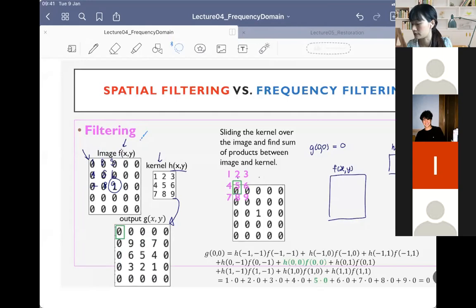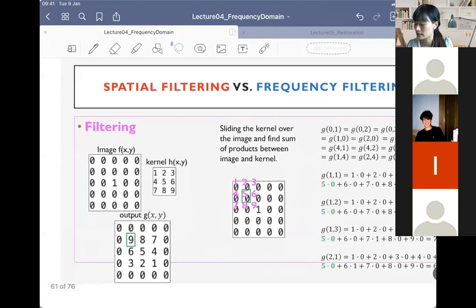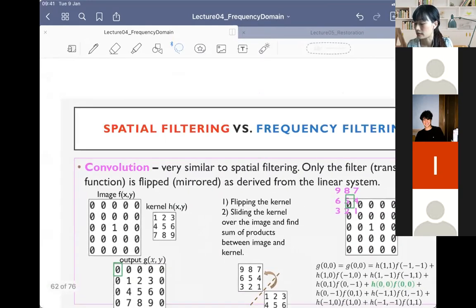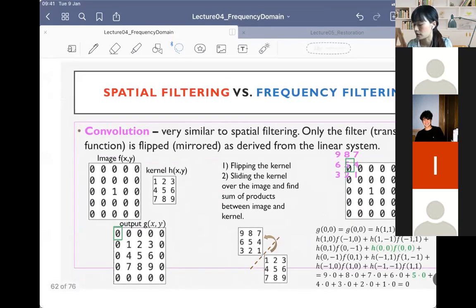But convolution is another technique, quite similar to filtering, quite similar to spatial filtering. But what is different is the original kernel. We are not going to slide the kernel all over the image directly. First, we have to flip the kernel.